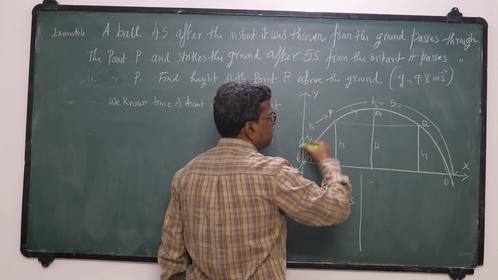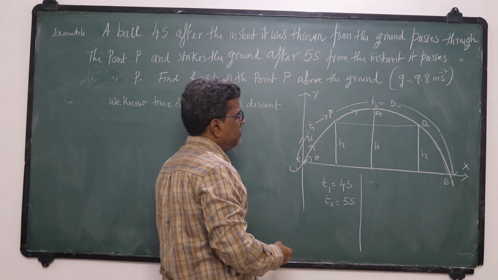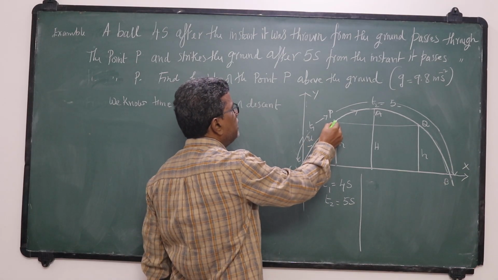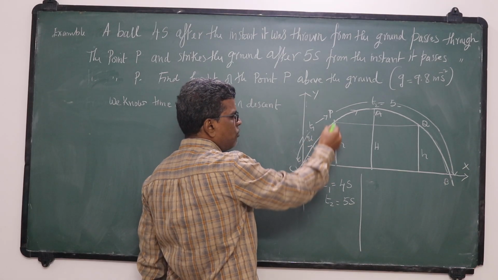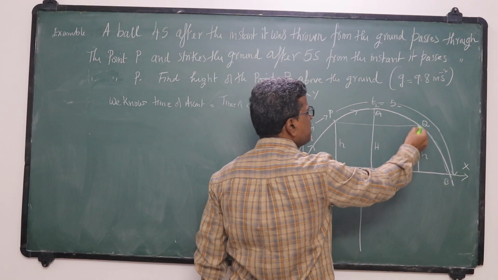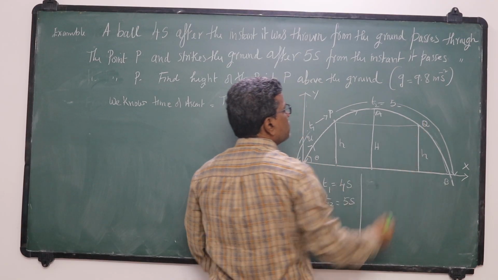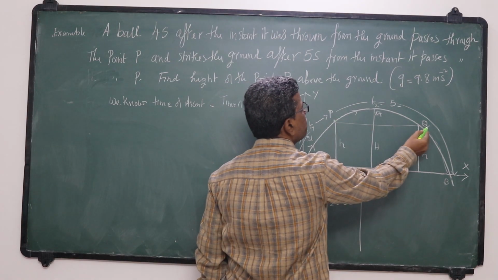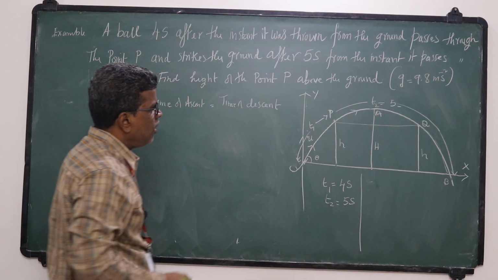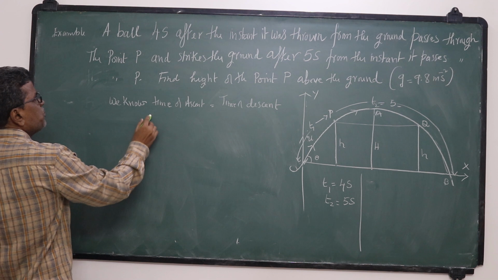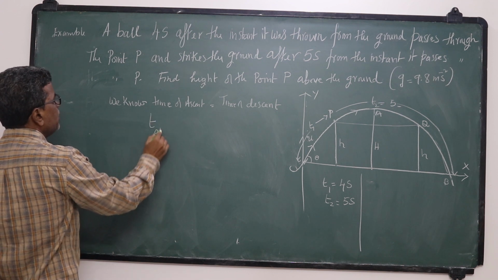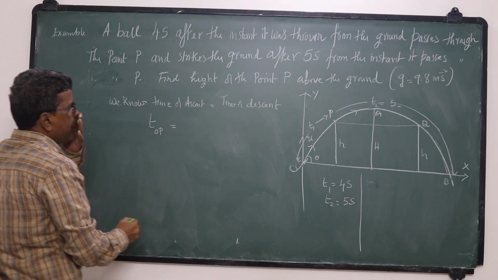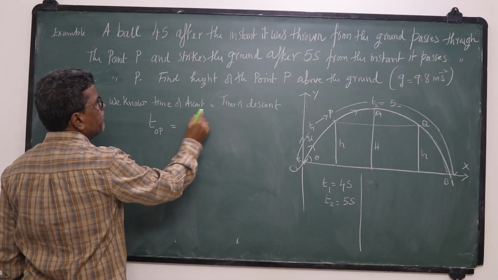OAB is the trajectory of the projectile, and P is the point at a height h above the ground at 2 instances of time. So to travel from P to Q, how much? The time taken to travel O to P is equal to the time of ascent.